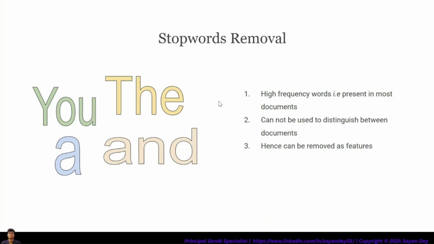They will be there for positive reviews also. So for negative reviews, the words like is and the will be there, and for positive reviews also, the words is and the will be there.